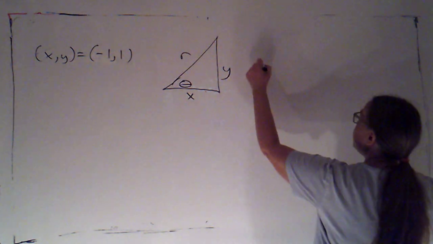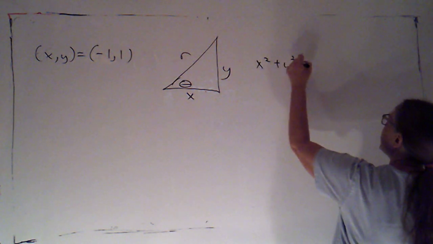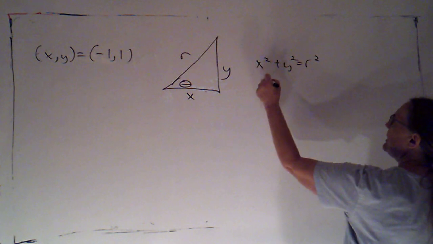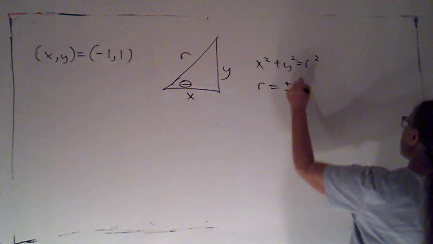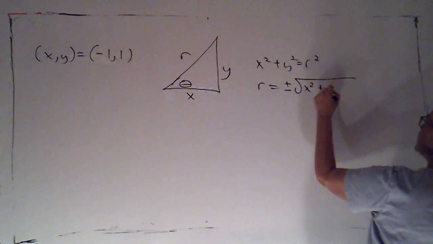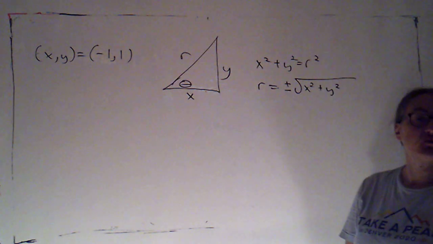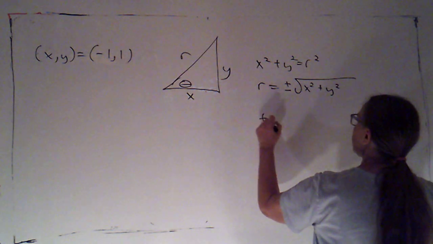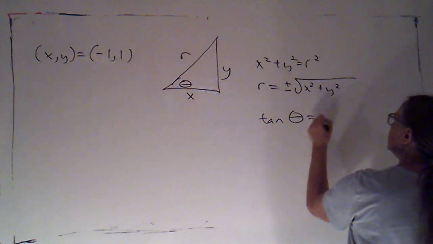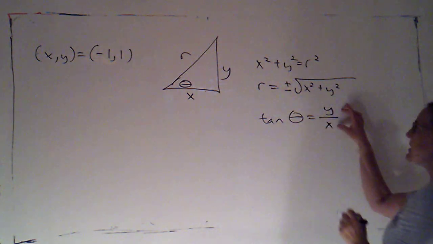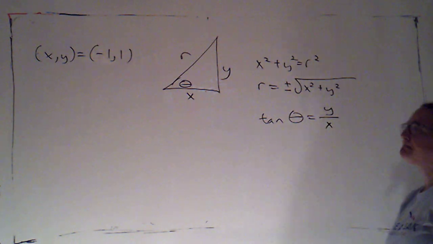The Pythagorean theorem gives me x squared plus y squared is r squared. And if I want, I can simplify that to r is going to be one of two things, plus or minus root x squared plus y squared. And then I get that tangent of theta, opposite over adjacent, is going to be y over x.